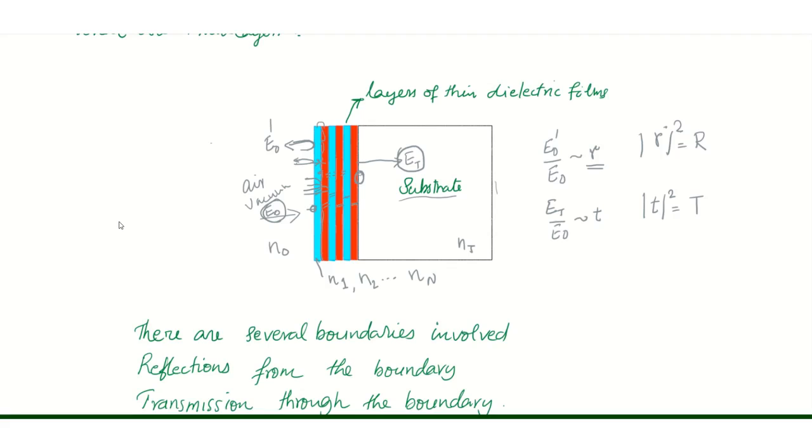And what we will see interestingly is that we can tailor the refractive indices n1, n2, etc. Basically since we have only two types of coatings here, there will be n1 and n2. And we can tailor the thickness, thereby adjusting the phase of the reflected beam.